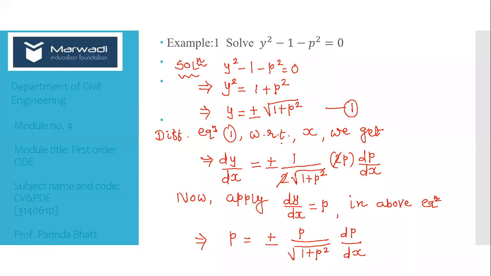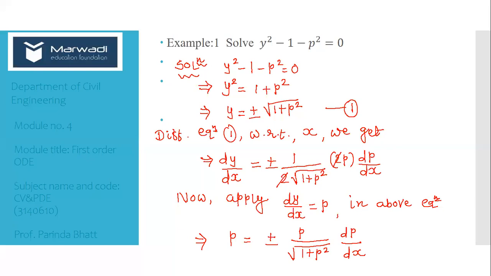Now differentiating equation number 1 with respect to x. Therefore, both the sides we differentiate with respect to x. Therefore, dy by dx equal to square root differentiation, then this function differentiation with respect to x.